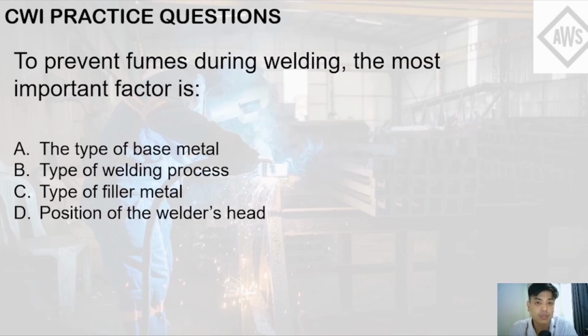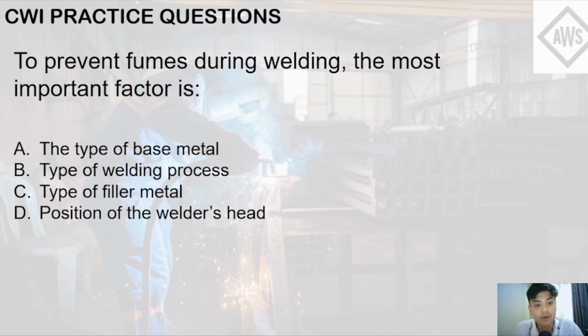Now this is the most important factor to prevent fumes, as for example, during the design of the welder's helmet, the ANSI standard for safety of welding has a clause wherein you need to conduct samples for the design of the welding helmet near the breathing zone of the welder's head.